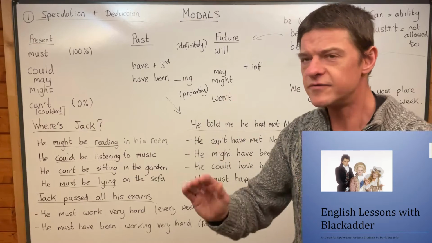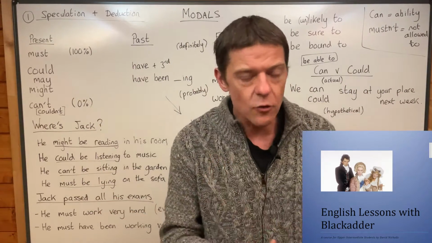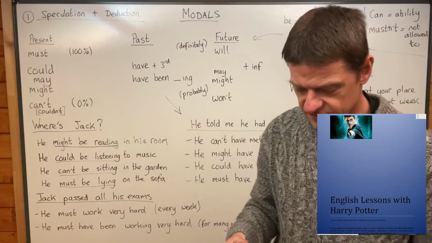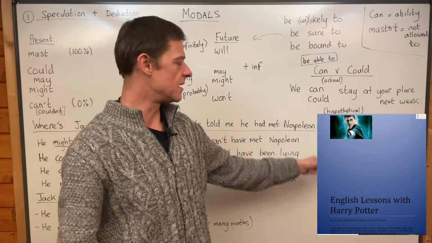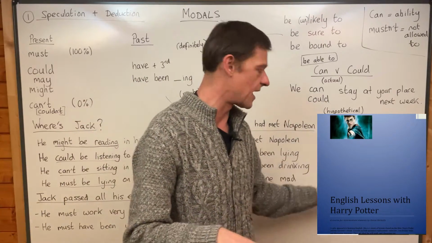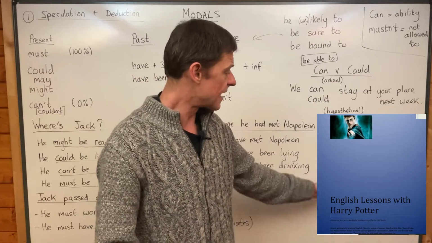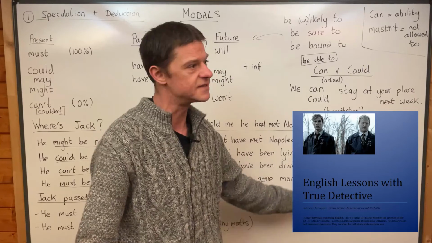Now, modal verbs are used for speculation and deduction, but they're also used for obligations. And we're going to look at that in a second lesson. And we're going to look at some other modals that we're not really going to mention very much in today's class. And that's because these guys are not really used for speculation and deduction.